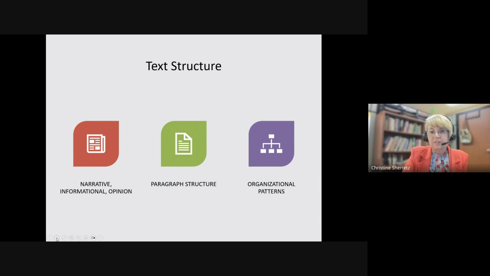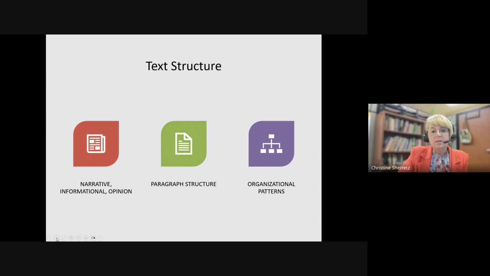Then we have text structure. Text structure is the type of writing that you're going to do. In almost every state's standards, kids are required to do 3 polished pieces. Those pieces are generally a narrative piece, which is a literary piece, an informational piece, and an opinion piece.